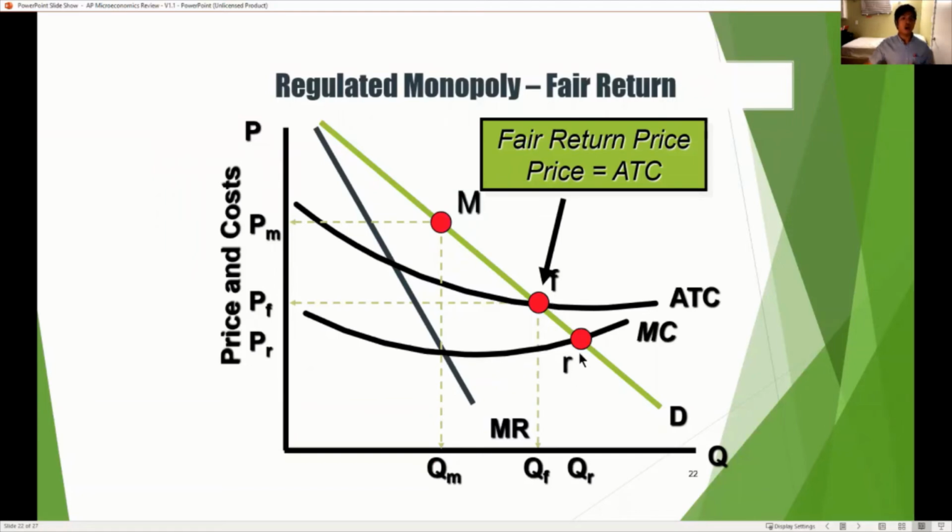R is a socially optimal price, so this maximizes social welfare. However, at R, firms are going to lose money because average total cost is up here. So to achieve the best of both worlds, governments would most likely set a price at F.